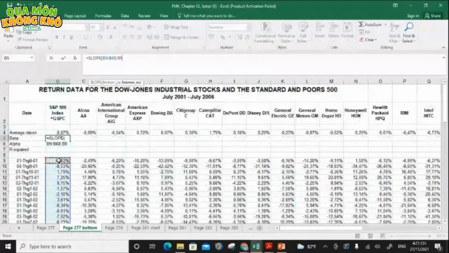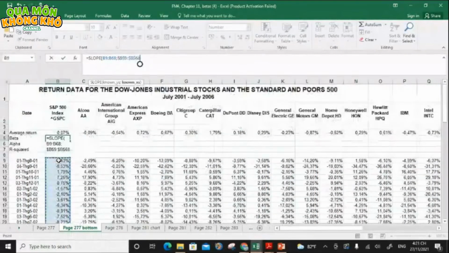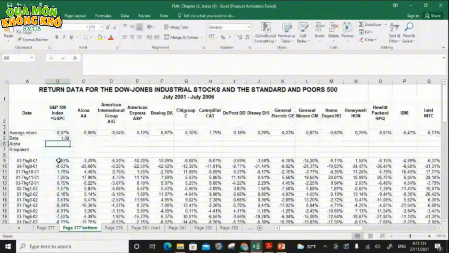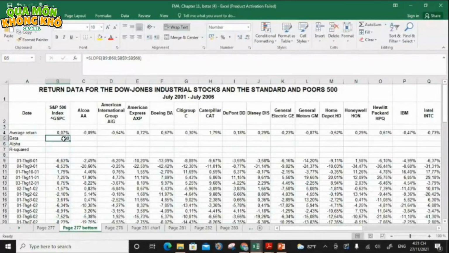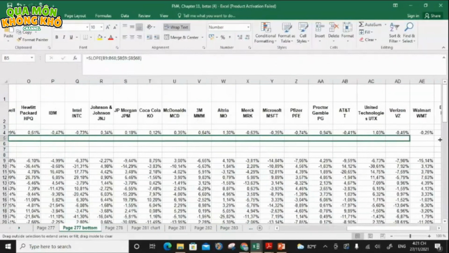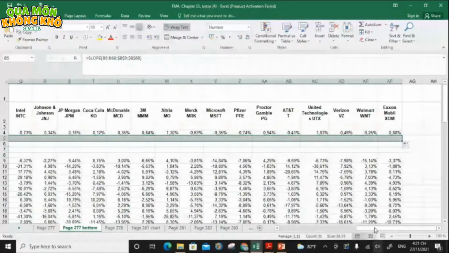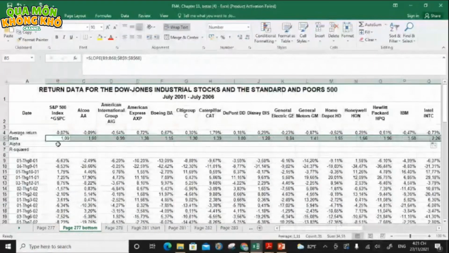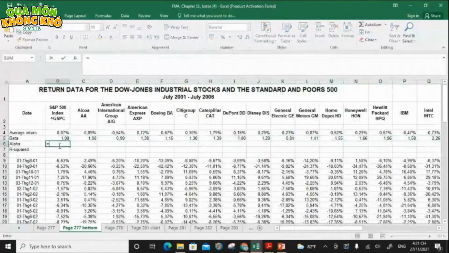And I will fix the beta of the market, as I have mentioned before, that will always equal 1. And here we'll calculate alpha, which is the intercept.